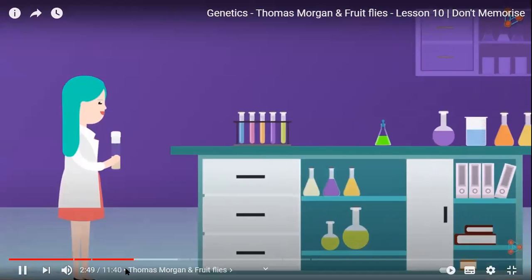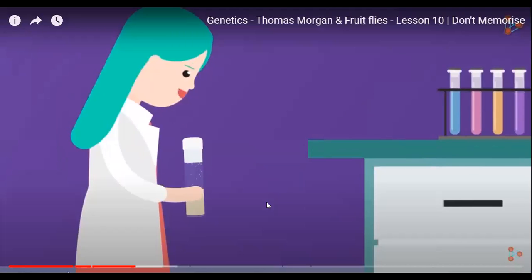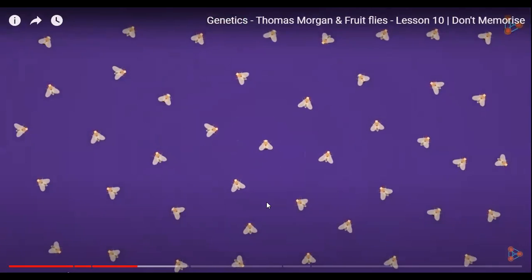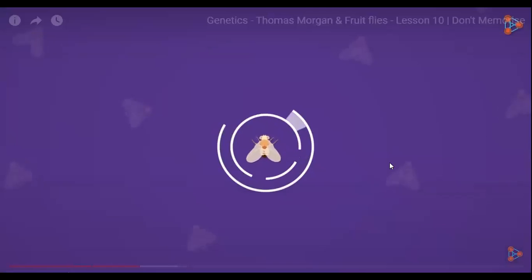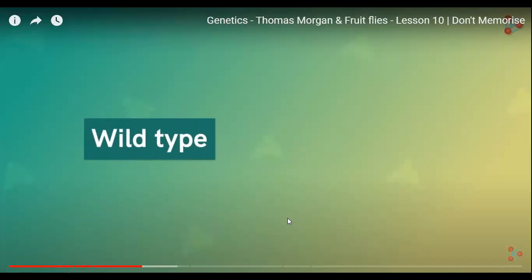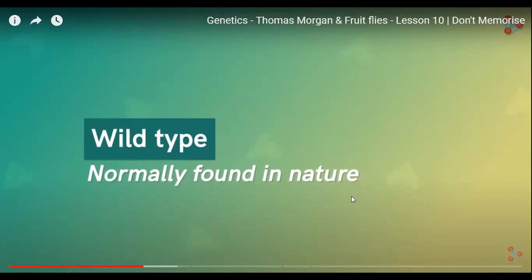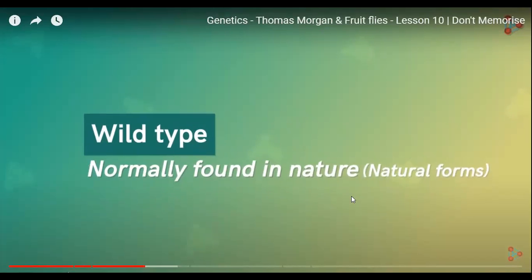Imagine you're working in a lab with a little fruit fly. One fine day, you find an unusual mutant among the other wild types. The wild type means the ones normally found in nature, or the natural forms to be precise.